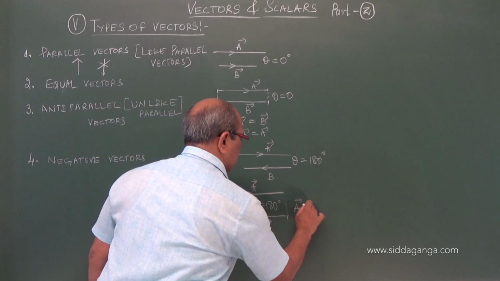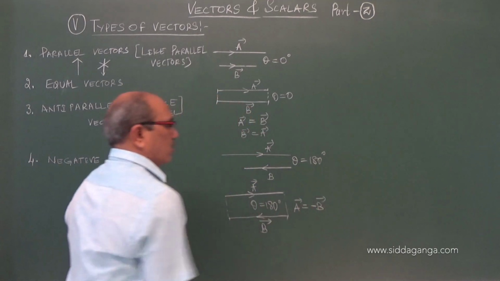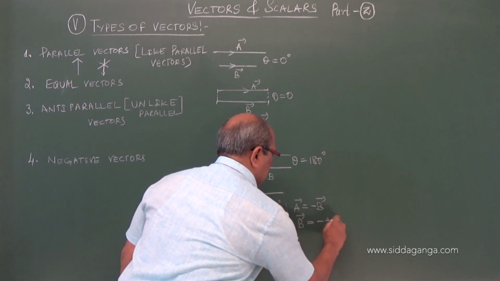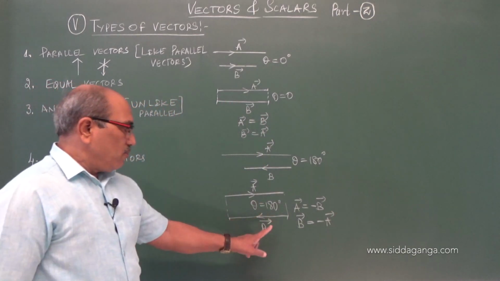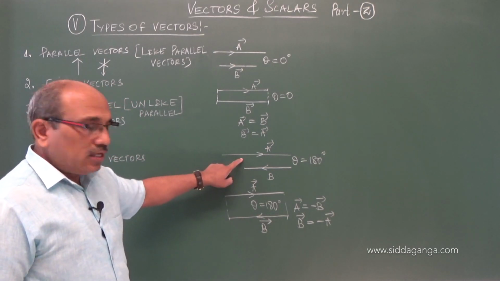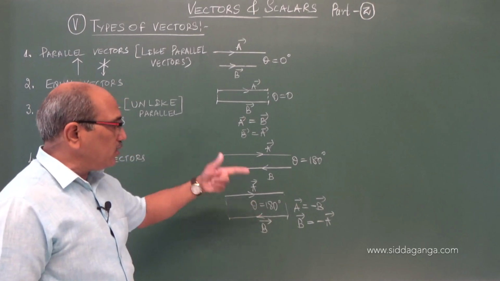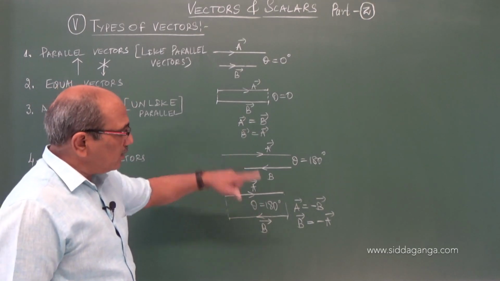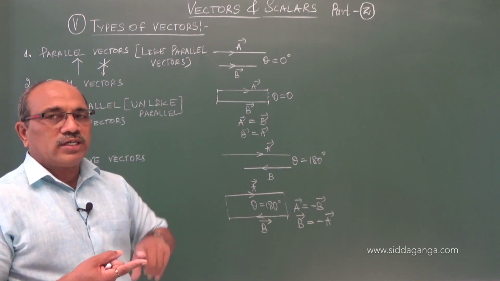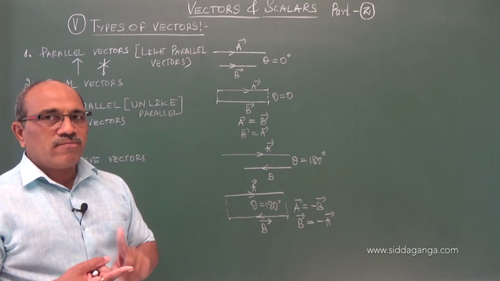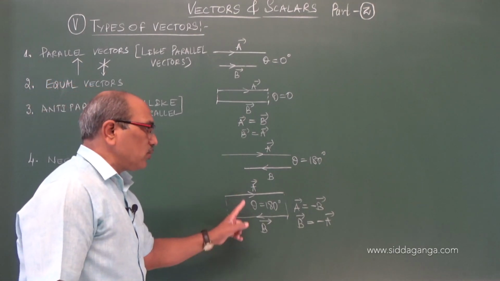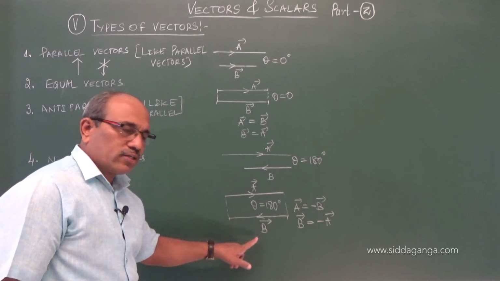I can write that B is relatively equal to minus A. Vector B, if it has the same magnitude, unlike parallel but the same magnitude, then B is negative to A, or A is negative to B. To call a vector a negative vector in comparison with another, it should have the same magnitude but act in the opposite direction of the first one. Then we say it is a negative vector of A, or A is a negative vector of B.